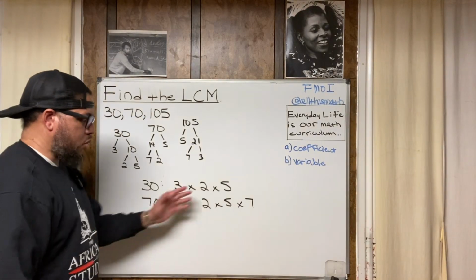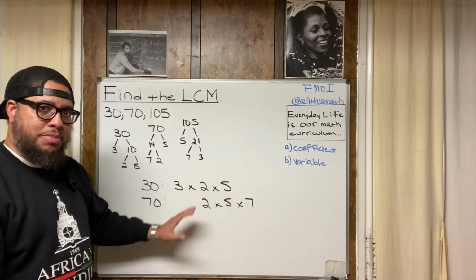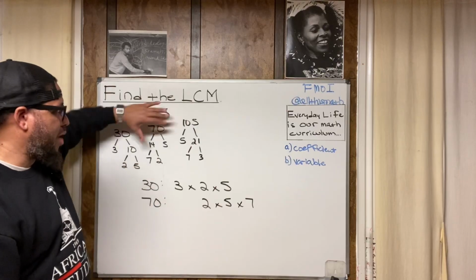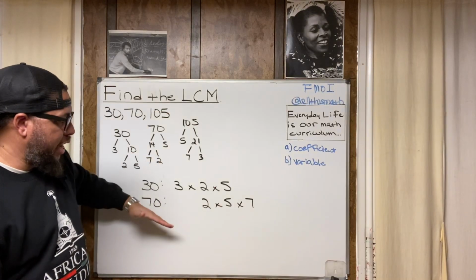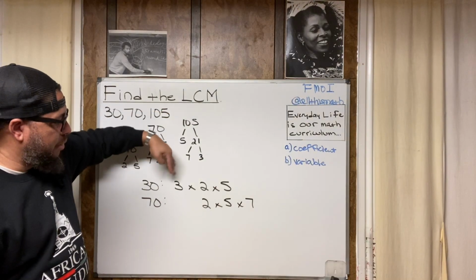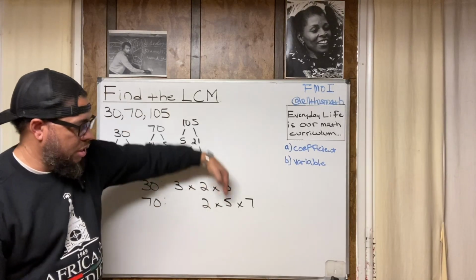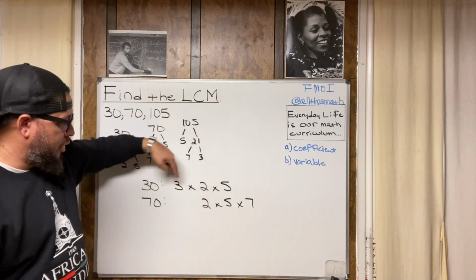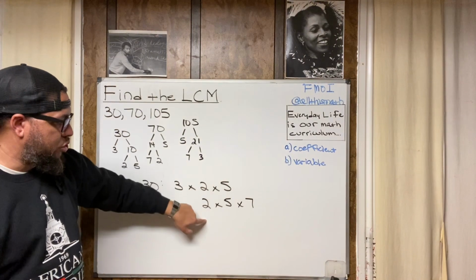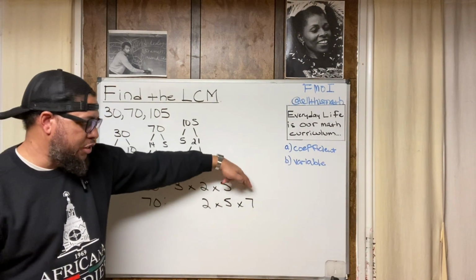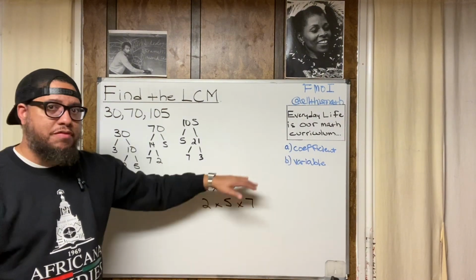So what you want when we use this method is all of the same numbers lined up vertically: 3s over 3s, 2s over 2s, 5s over 5s, 7s by themselves, or 7s over 7s.